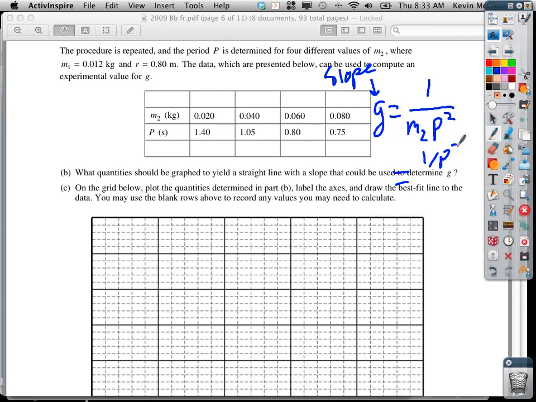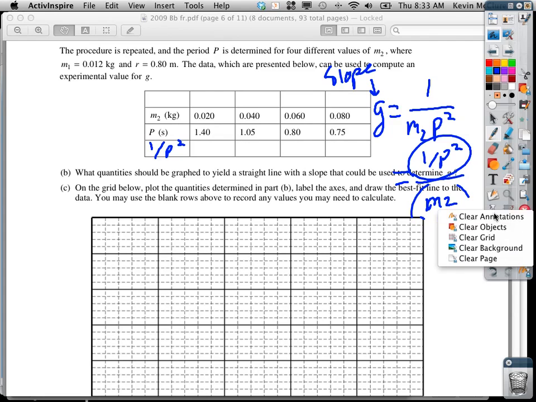So if I do 1 over P squared for the top and M2 for the bottom, that allows me to come up with a line that will have the slope that I'm looking for. So then here you do 1 over P squared, and then you have the M2 there. And of course this is rise, this is run, so when you graph it, everything will work out.